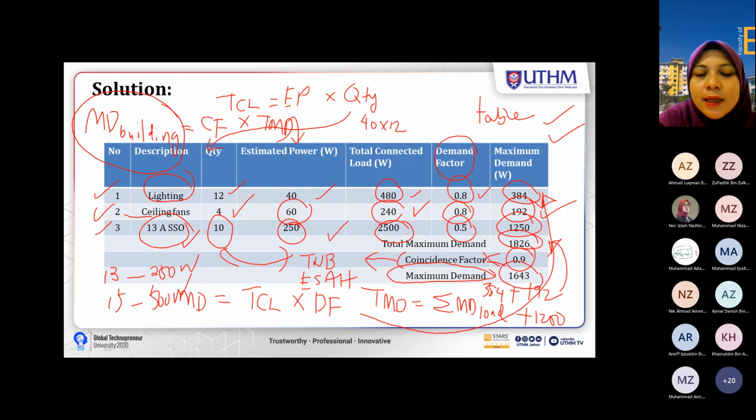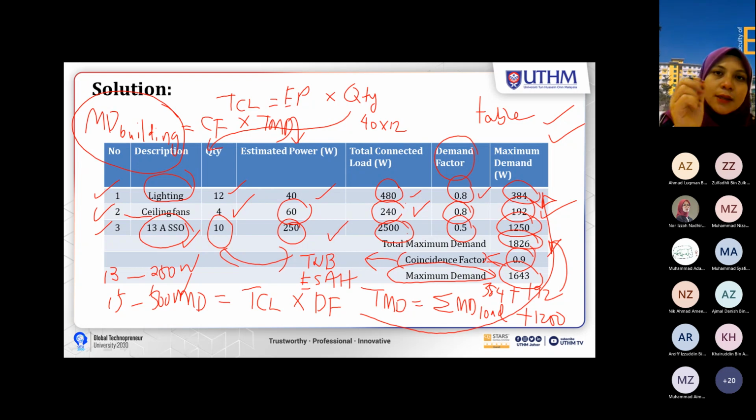Okay, but normally, for example for a house, if you look at the ESA, it also states the maximum demand for a single story house, for a double story house, for a bungalow. The rate must be more or less like that. For example, for a single story house, if I'm not mistaken, the range is 1.5 to 3,000 watt.